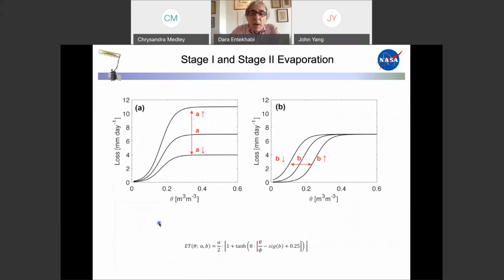Don't let it become a model. For evaporation, you have a two-regime function. This is a function that has parameters A and B, which allow it to be anywhere in this domain. It can go up and down, it can go left and right. So A and B say, give me a two-regime function, but I won't impose where the transitions and sills are.